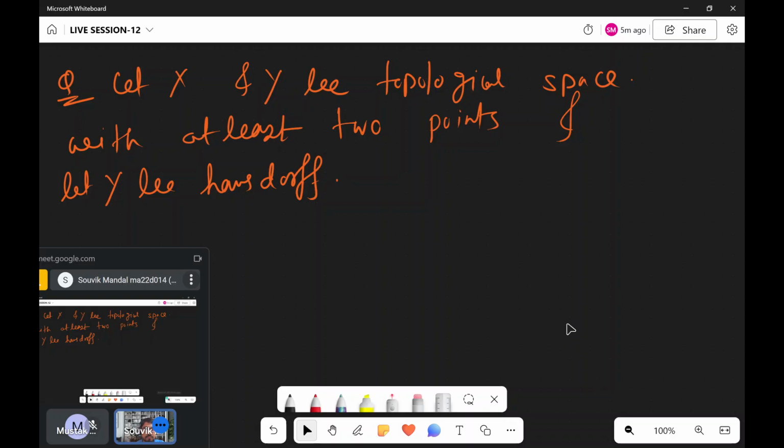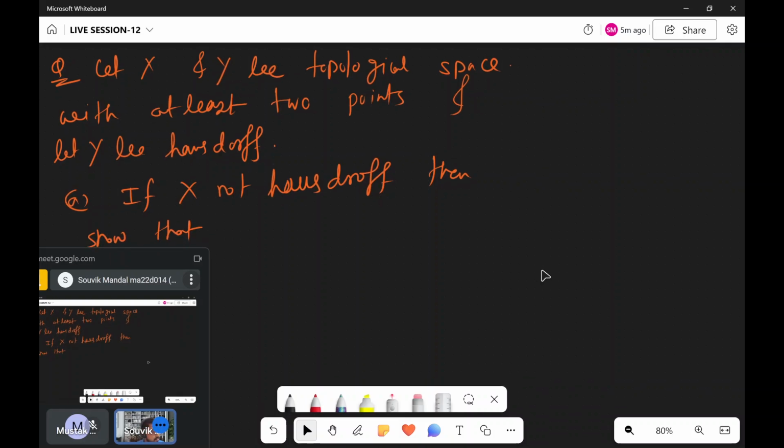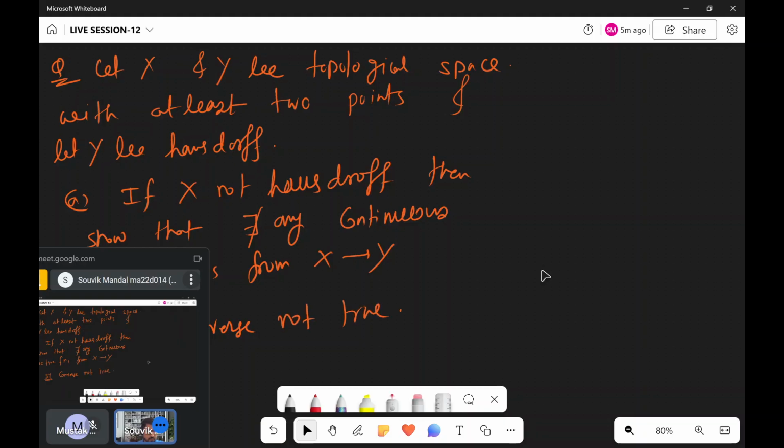The first part is: if X is not Hausdorff, then show that there does not exist any continuous injective function from X to Y. The second part is: show that the converse is not true. Okay, so let's start with the first one.